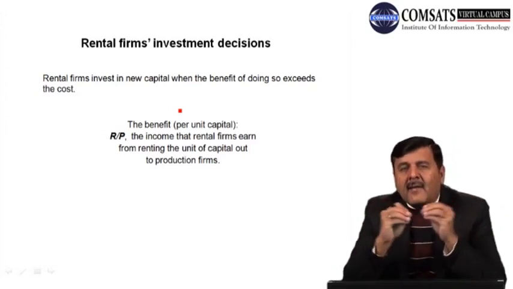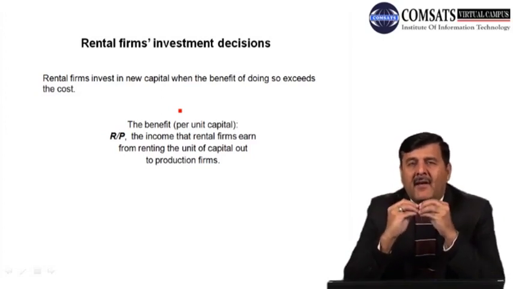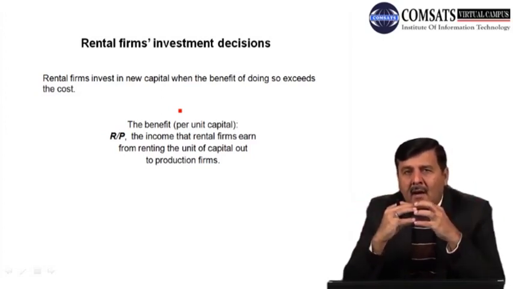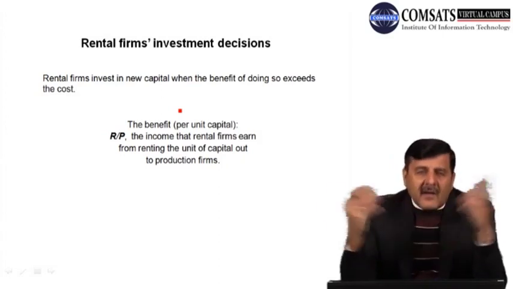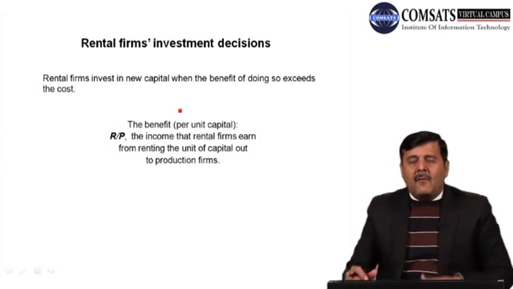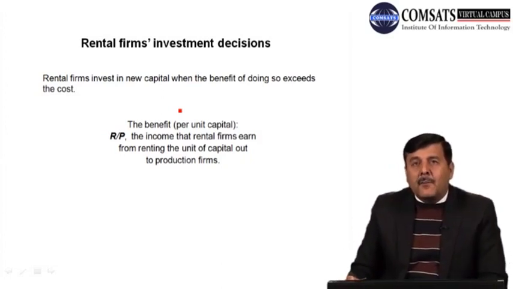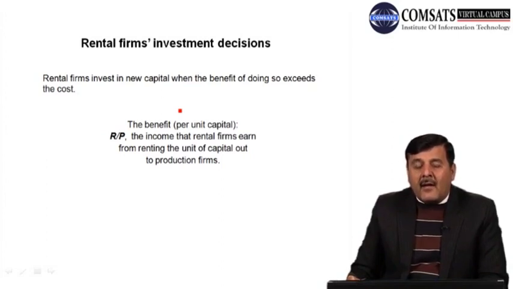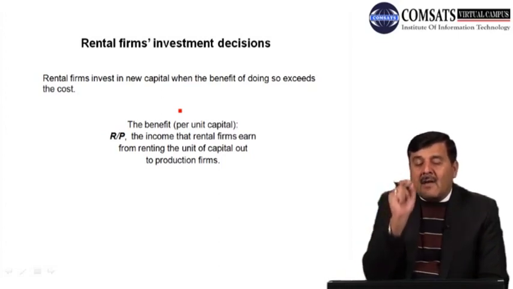Now to explain this further, हमें देखना पड़ेगा कि what are the benefits of investing in new capital, what are the possible costs of investing in new capital. So we'll see that the benefit per unit of capital is the real rental price, the income that rental firms earn from renting the unit of capital out to the production firm.